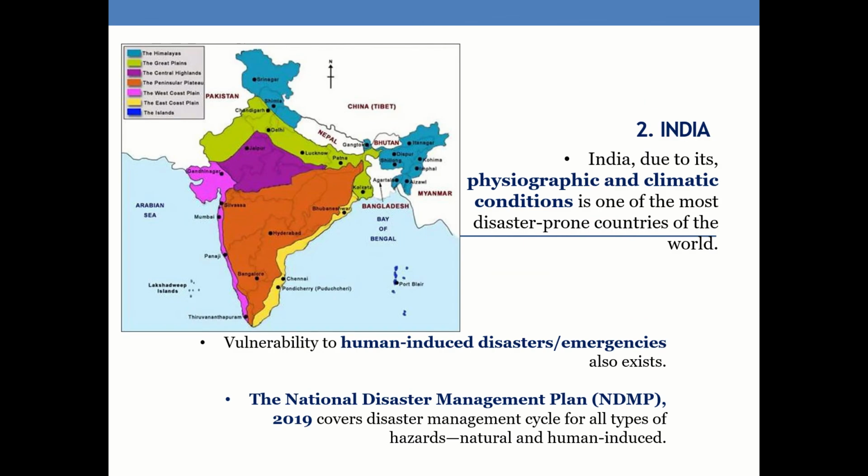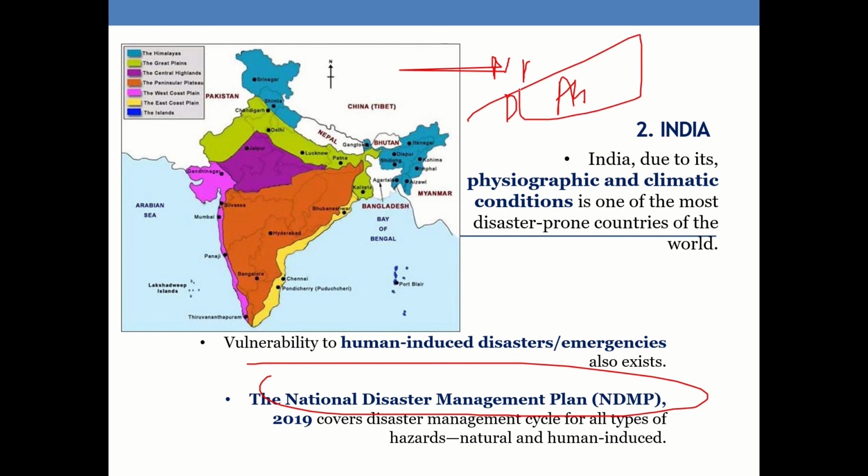Okay, I'll stop here, and we will see about India specifically, and how India is prone to these kinds of disasters, and particularly with respect to, like I said in the beginning, the National Disaster Management Act.